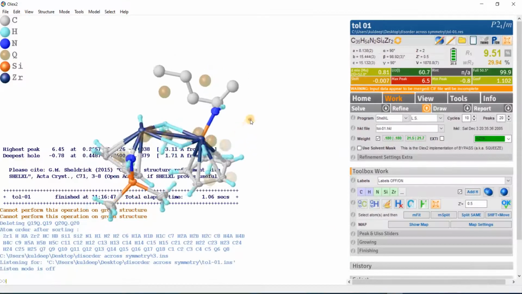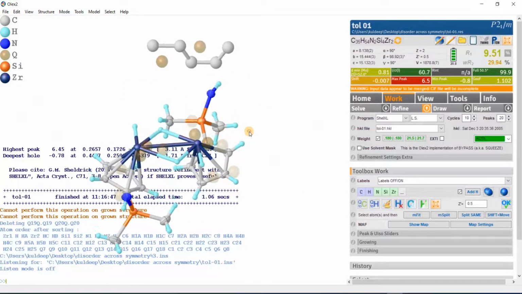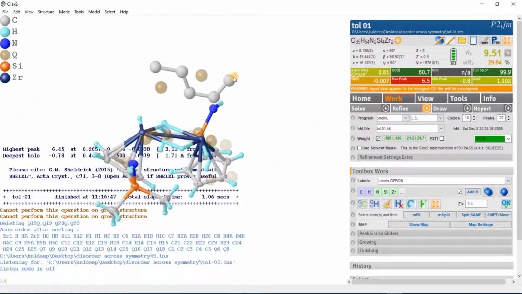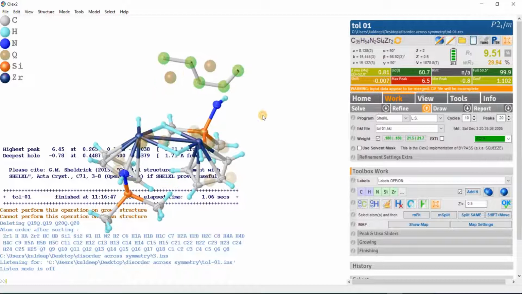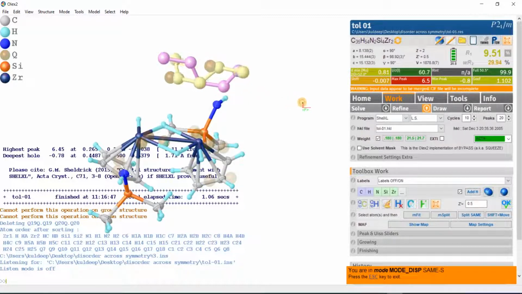Okay. Now the trick is just to select these atoms and press split same. And now I am rotating the disordered part in such a way.